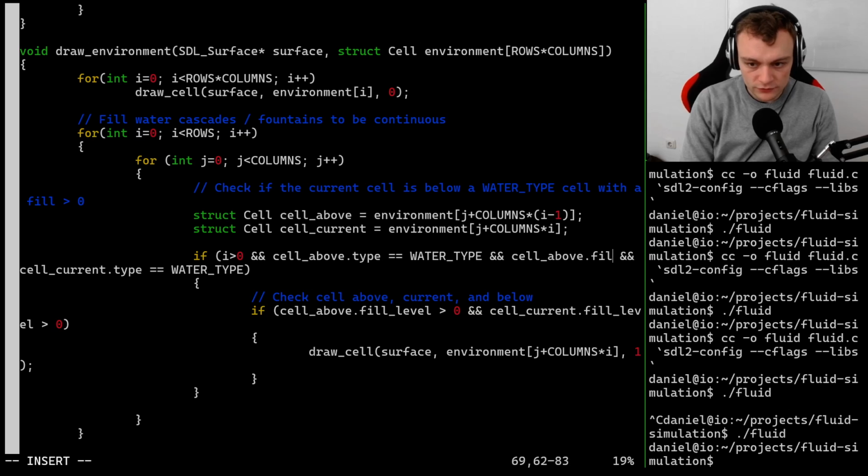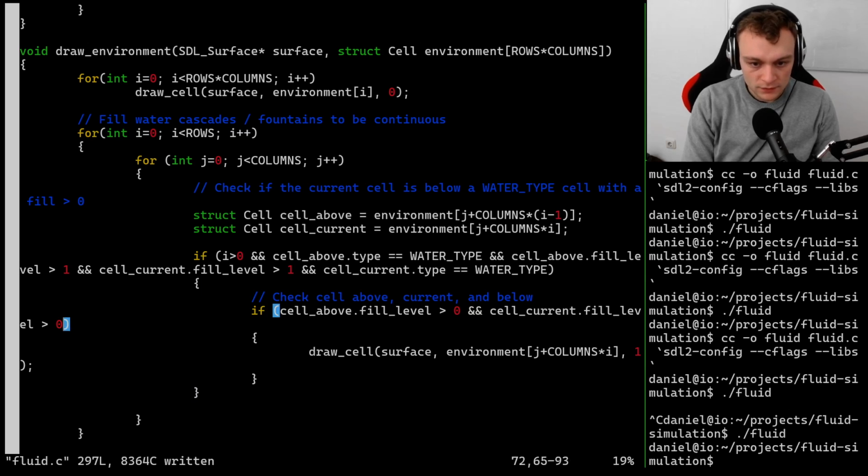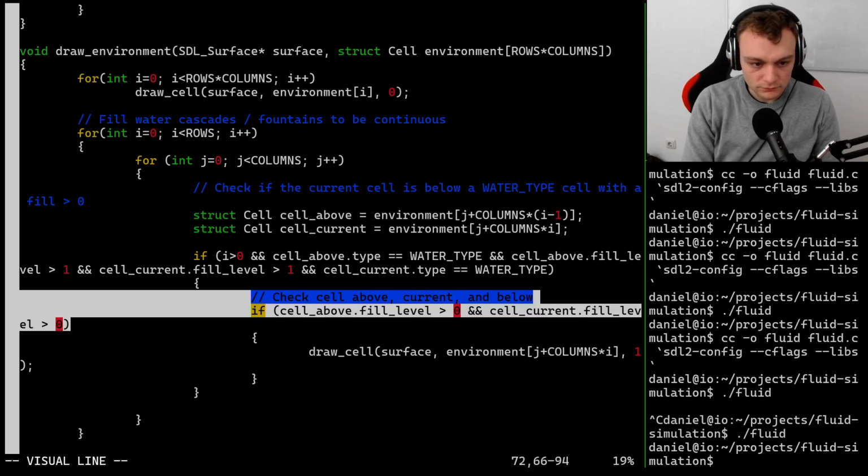Cell above dot fill level must be bigger than 1, and the cell current dot fill level must be bigger than 1 as well. Bigger than 1?